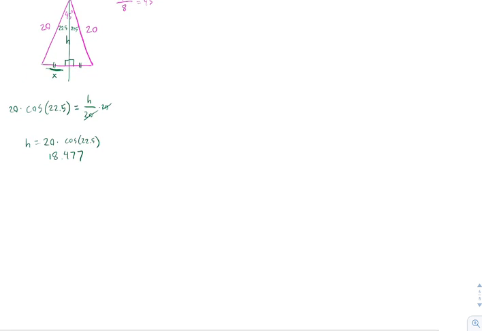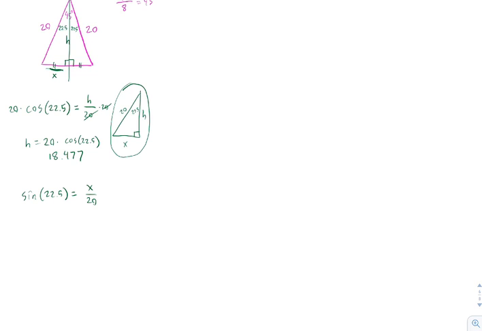And then I'm going to look for x here. So sine of 22.5 equals x over 20. I'm just using trig with the triangle that looks like this. I've got h, x, 22.5, and 20. This is my triangle I'm using trig with.